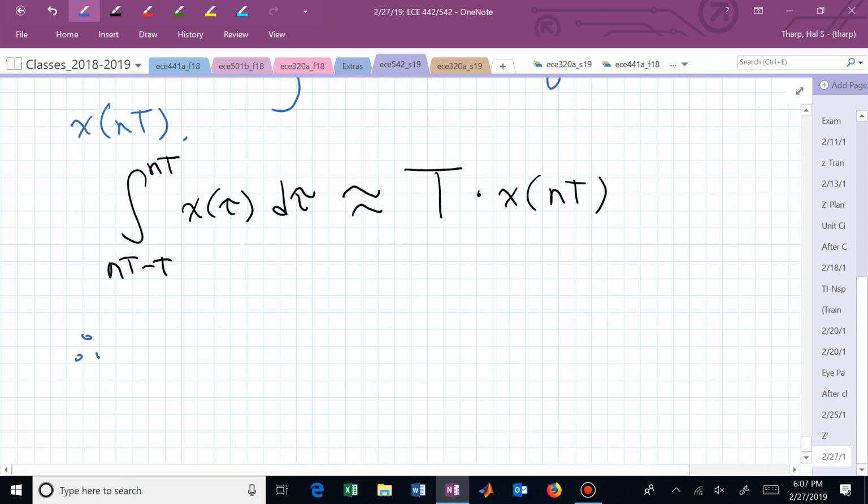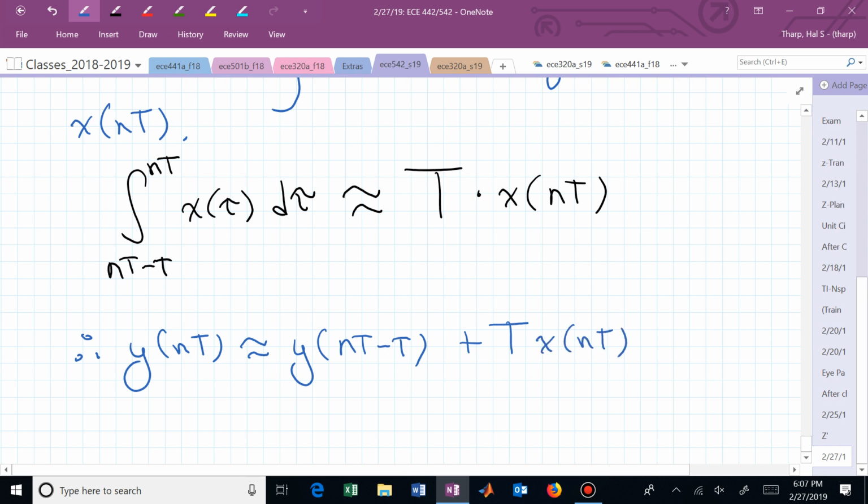Now in the time domain, the area under the curve at time little n minus 1 times capital T, or we could write that as nT minus T, plus T times x of nT.